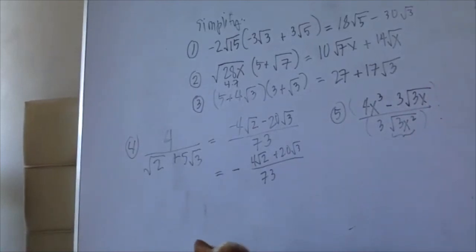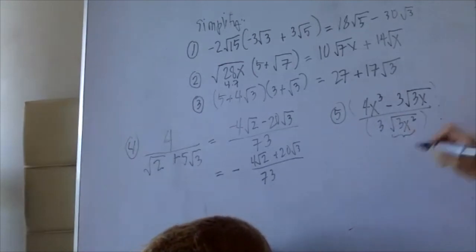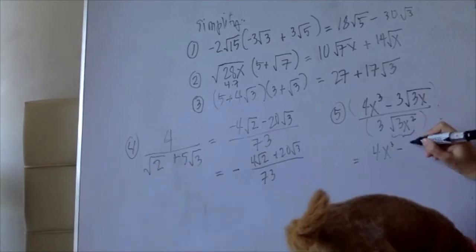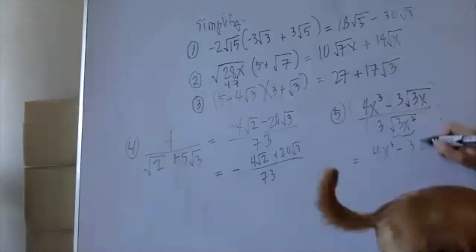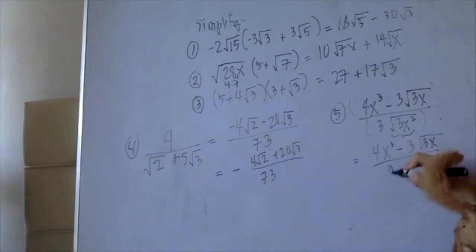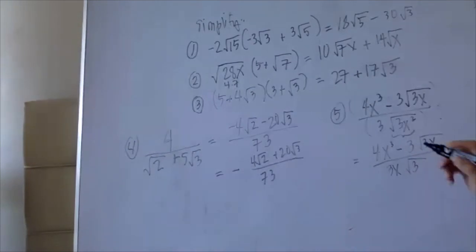Pwede pa siyang i-simplify, di ba? Pwede mong ilabas yung x, right? So, this is equal to 4x cubed. Pero guys, don't worry, kapag hindi mo siya nilabas, dapat tama pa rin yung sagot mo. 3x times square root of 3. So, i-multiply mo na lang siya by square root of 3.